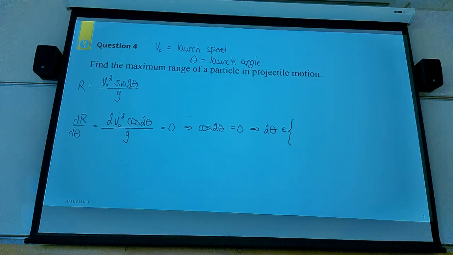So where's cosine 0? What angles make cosine 0?